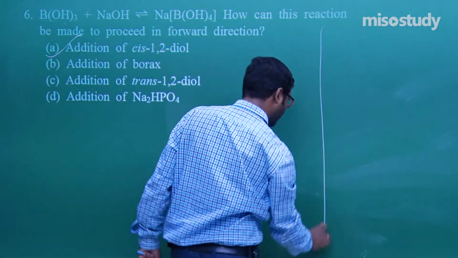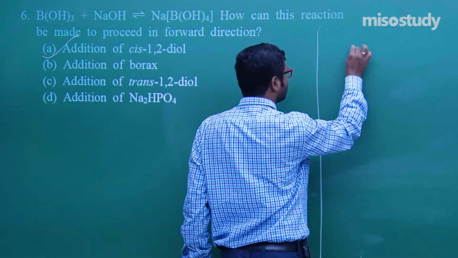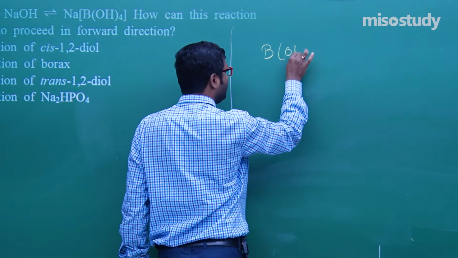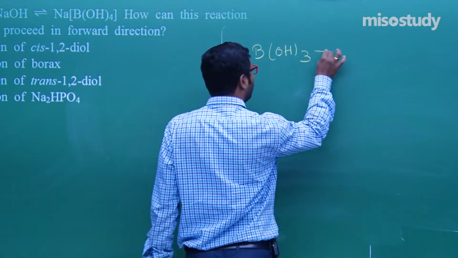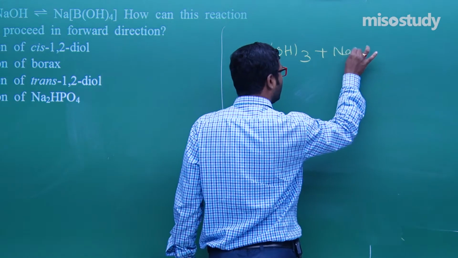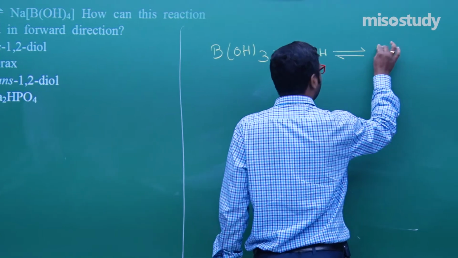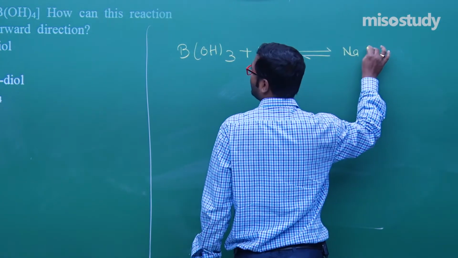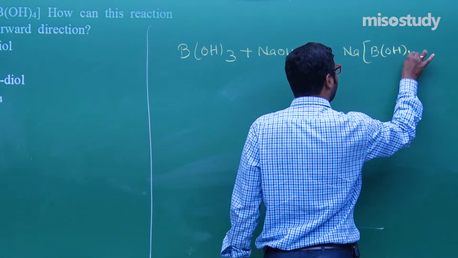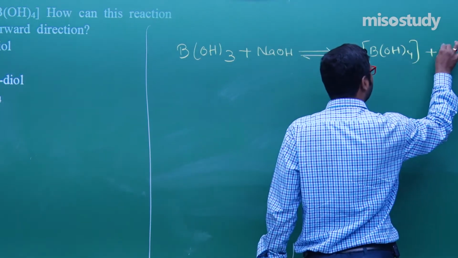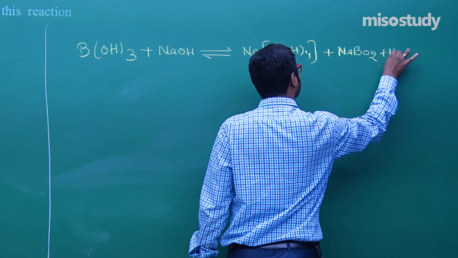Now the detailed solution here. What to do in this case? B(OH)3, then there comes NaOH. It gives you Na[B(OH)4], then NaBO2 and H2O.